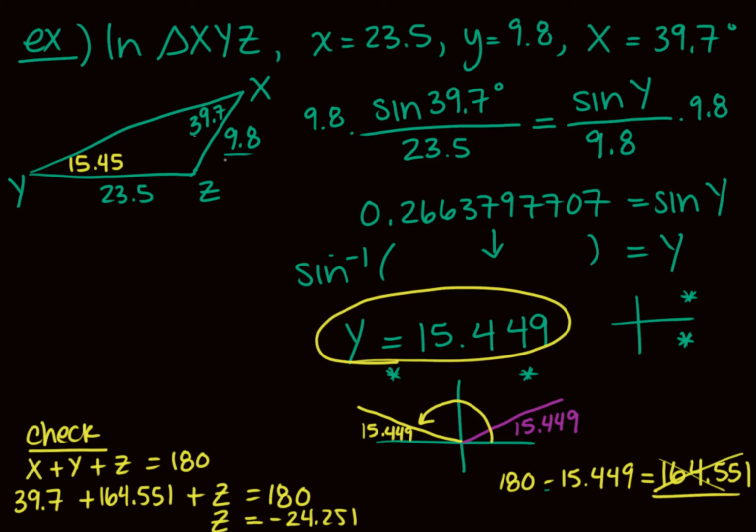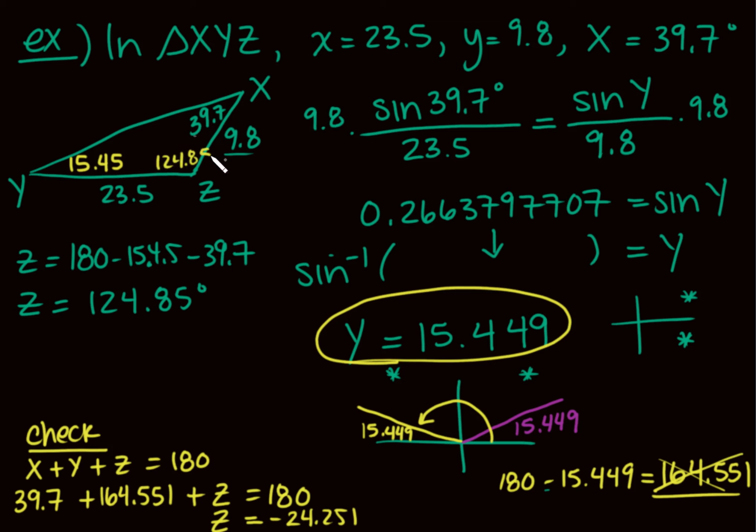I can find z by just taking 180 minus 15.45 minus 39.7, and I get z. This one's going to be fine. I see that my decimal's off, but my decimal should be there. We get z to be 124.85, which is fine. Okay, so this is 124.85.